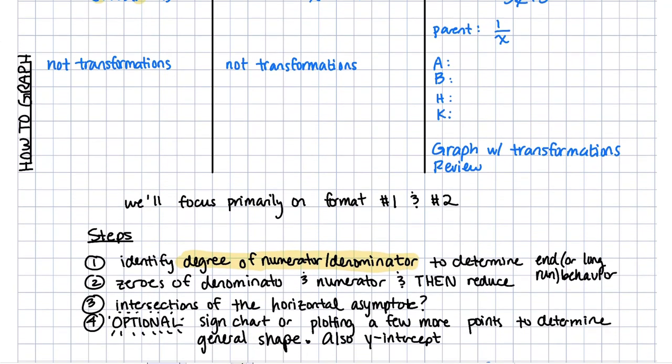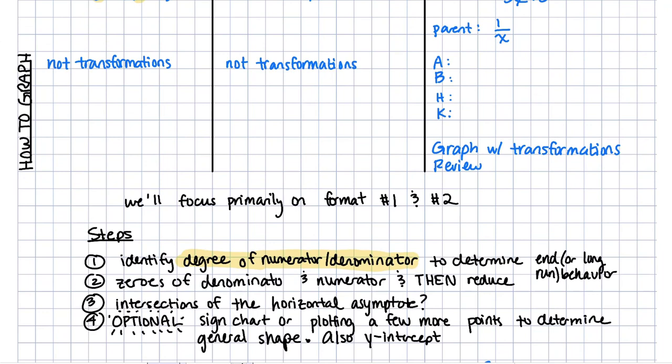The reason we're doing this is that before we jump into factoring, if you have something that's unfactored, I think it's helpful to identify the degree right away and use that to determine any sort of end behavior. With polynomials, we had our little tricks for figuring out whether the left and right end behavior was positive or negative infinity.